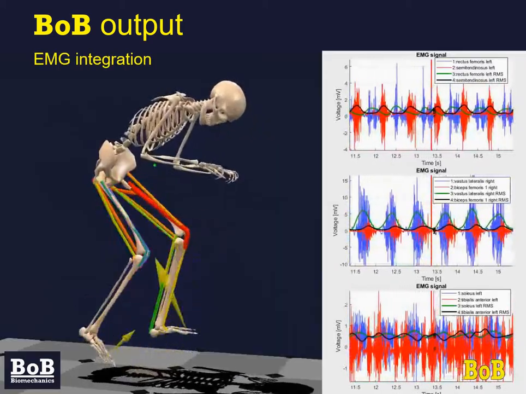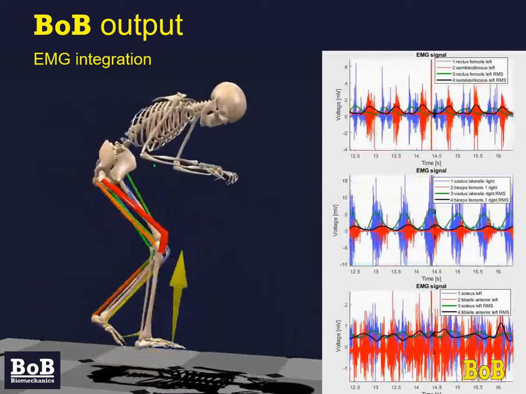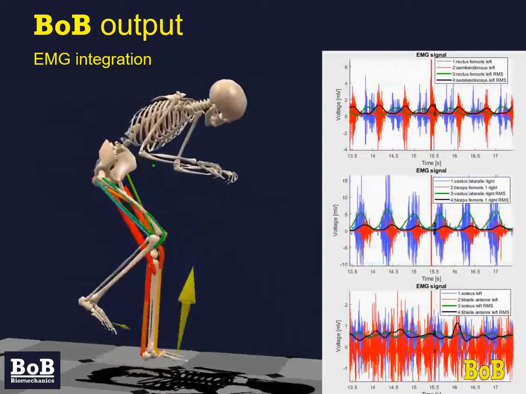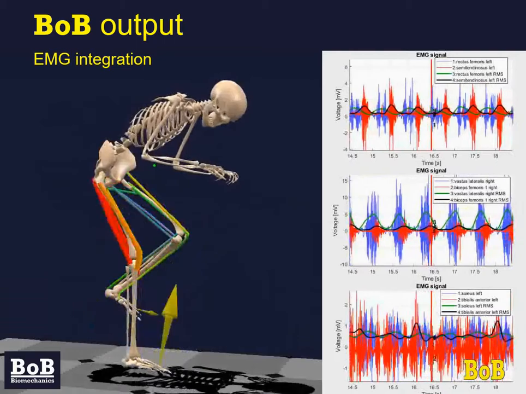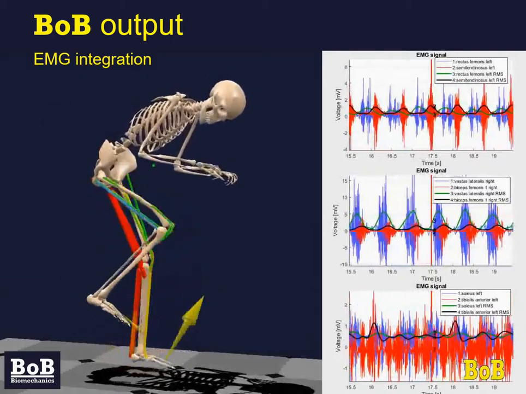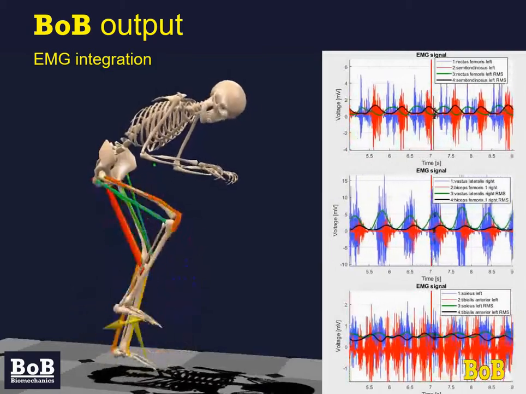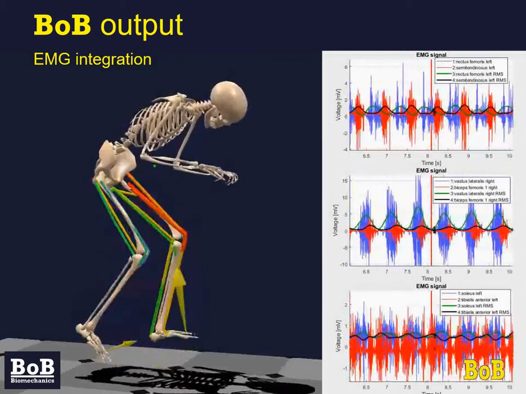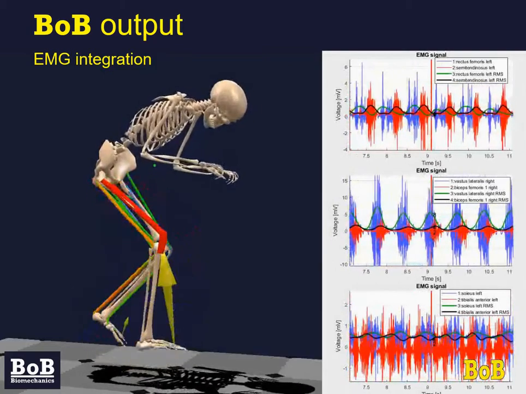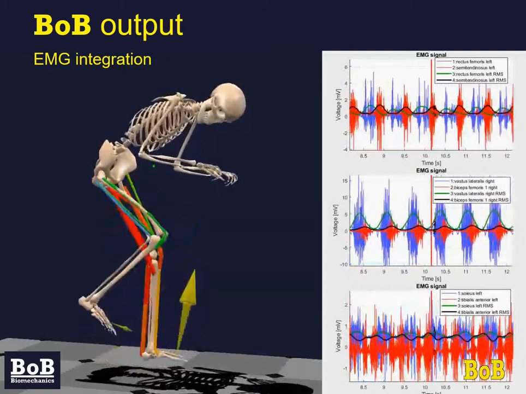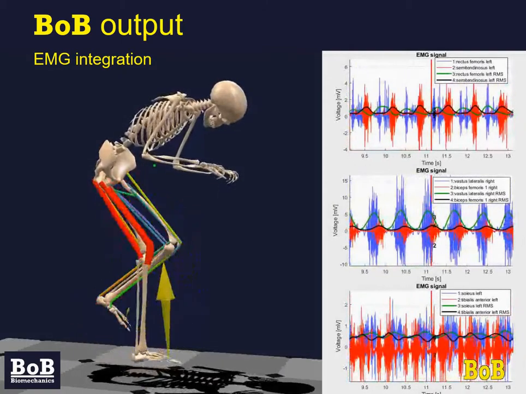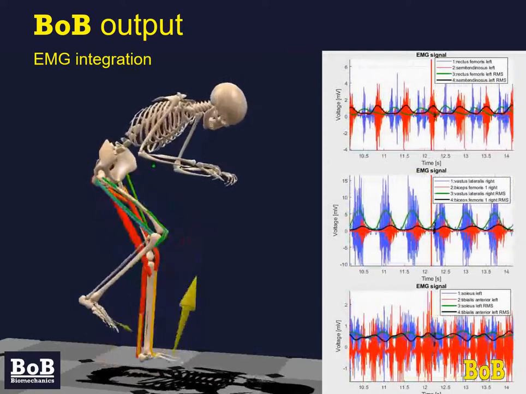BoB can also synchronize human movement to EMG recordings of muscle activities. In this illustration, we've got somebody on a stationary bicycle and they have a number of EMG sensors attached to their legs. The signals that are being generated by these sensors are shown over towards the right hand side of the screen.